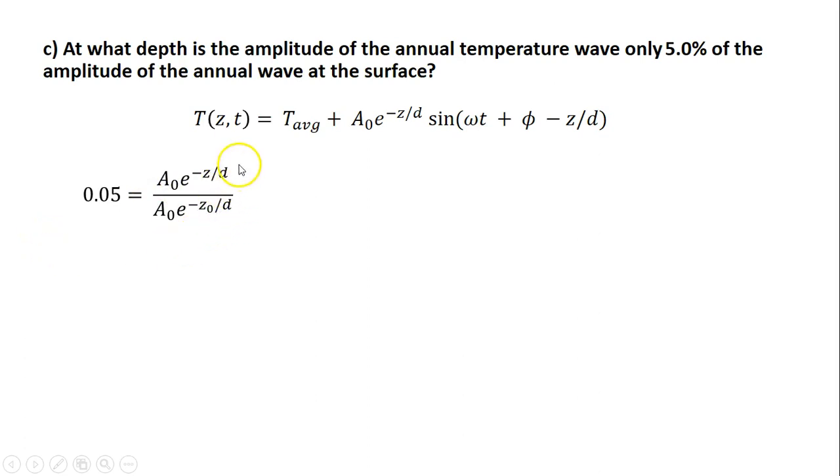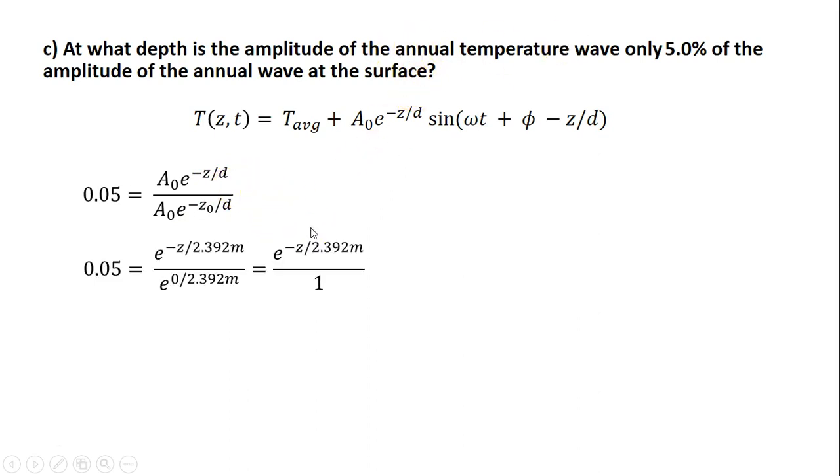plug in our damping depth that we just calculated in the previous problem for the annual temperature wave. And when we do that, we have 0.05 is equal to e raised to the minus z divided by 2.392 meters.